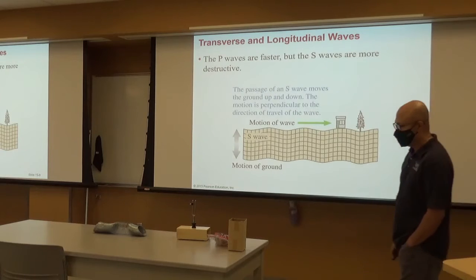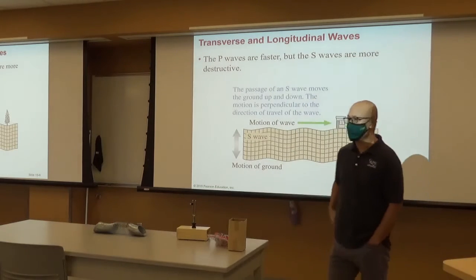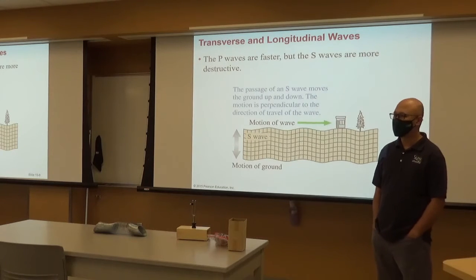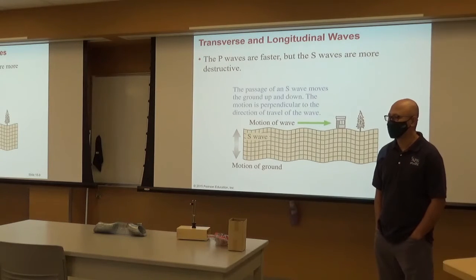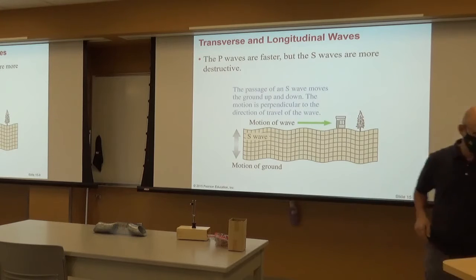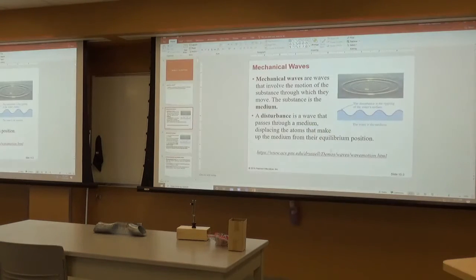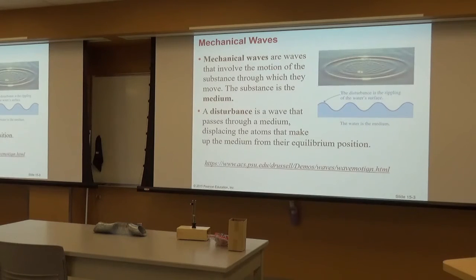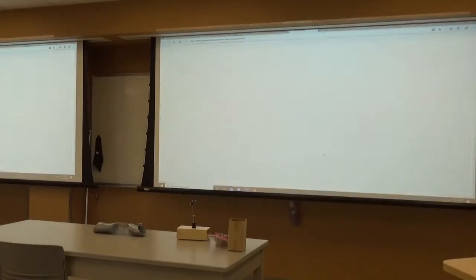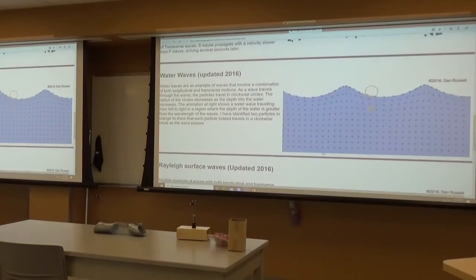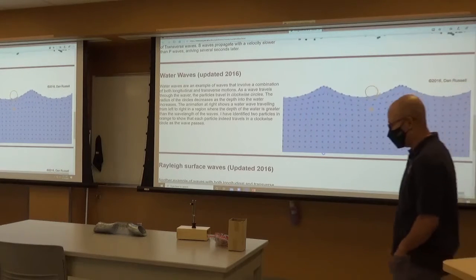How about ocean waves? Are they primary waves or secondary waves? Neither? Or both? Maybe both. So let me show. Sorry for going back and forth within this simulation. So you see here, ocean wave has both longitudinal part as well as transverse part.